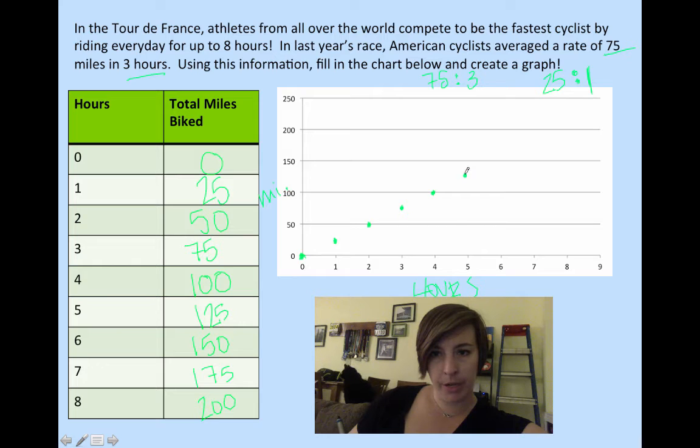And remember, if the number isn't represented exactly on the scale, you need to estimate about where it would be and place your dot there. All right, we went a little bit past our table, but that's okay. And we can tell that this is a proportional relationship because it's a straight line.